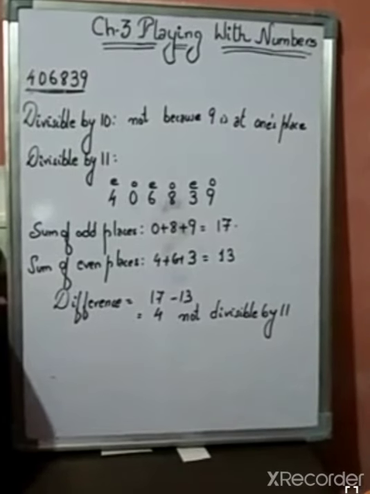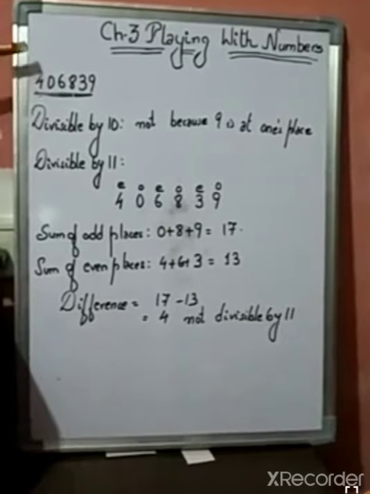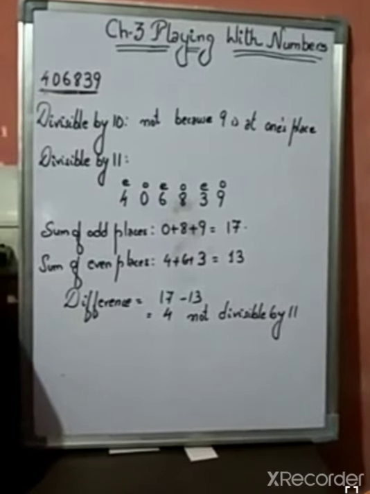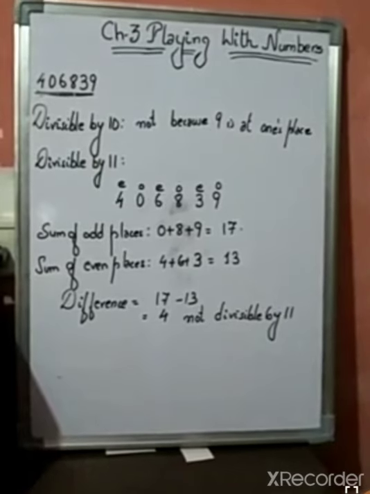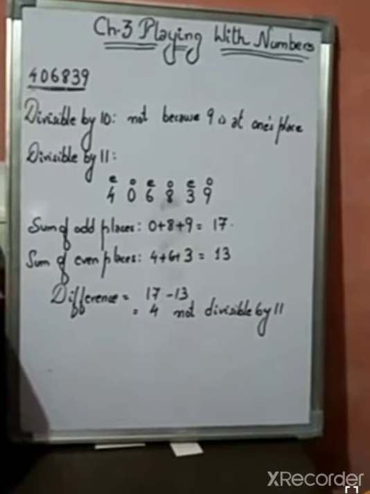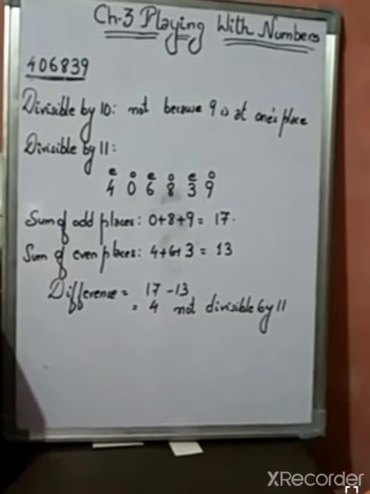Let's check for divisibility by 10. Again, in this number, at the ones place, we have 9. As I have told you earlier, a number is divisible by 10 if it has 0 at its ones place. So this number is not divisible by 10.